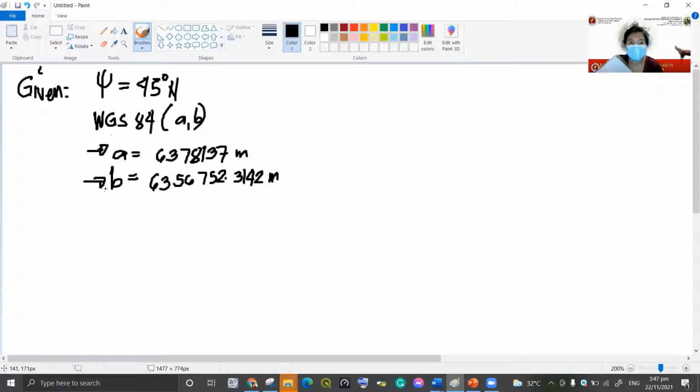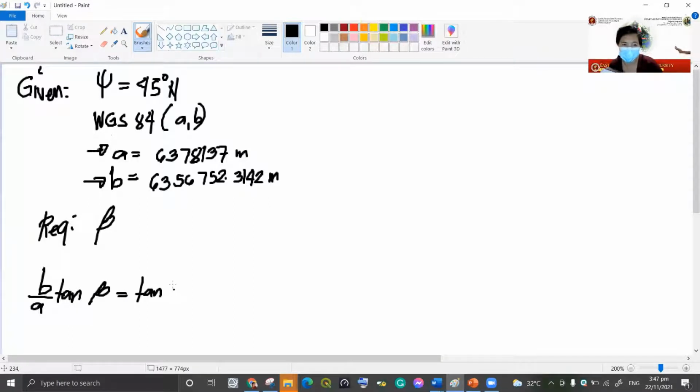Okay, so let's now find the value of the reduced latitude. Using the relationship that we know, we have B over A tangent of the reduced is equivalent to tangent of your geocentric, which is equal to 1 minus e squared tangent of the geodetic.